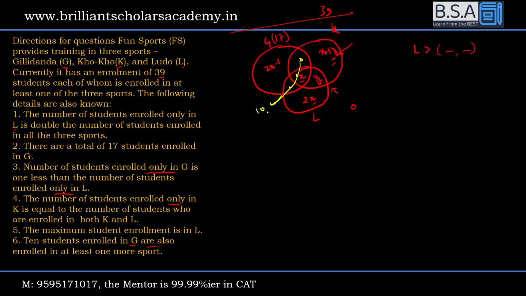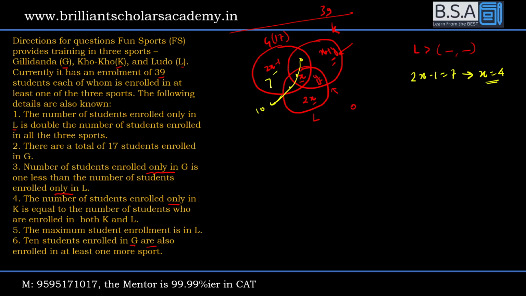This gives me a major hint. If these three are 10, this must be 7. I have got this equation, 2x minus 1 is 7. That implies x must be equal to 4. So out of these variables, I could directly find out x is equal to 4.